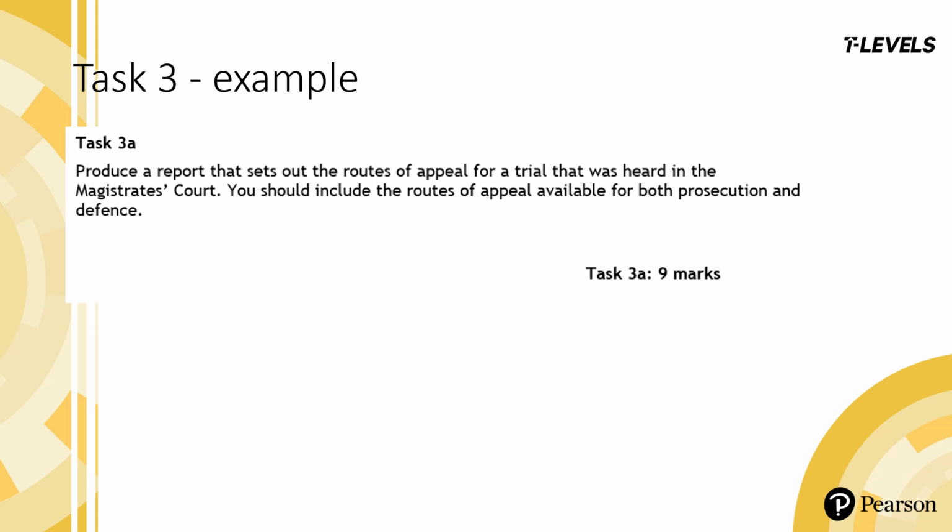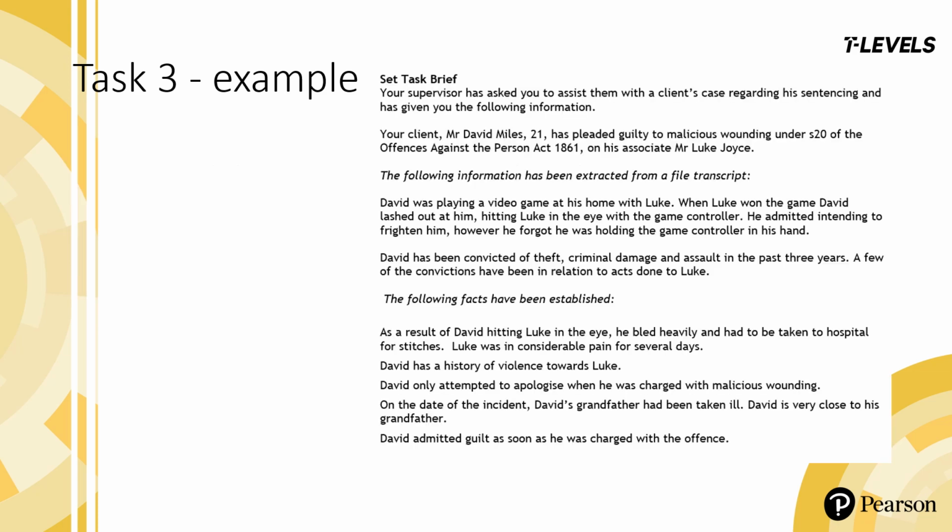Moving on to our sample assessment example for task 3, the first part of this task focuses on the production of a report and is based mostly on knowledge retrieval, as compared to focus on skills in the other tasks. The candidates are then given some detailed information that sets out the context for the other tasks.